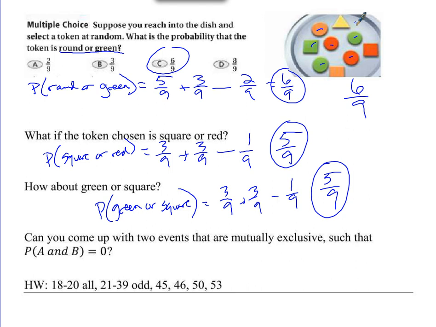We only have 1 triangle and it's yellow. It's not red. So that's another mutually exclusive. Any others? Yellow and square, same thing. Green and triangle, same thing. So there are actually lots of mutually exclusives up here. I will write down the first one that we had. What was that one? Yellow and circle, just as an example. And that's the whole section.